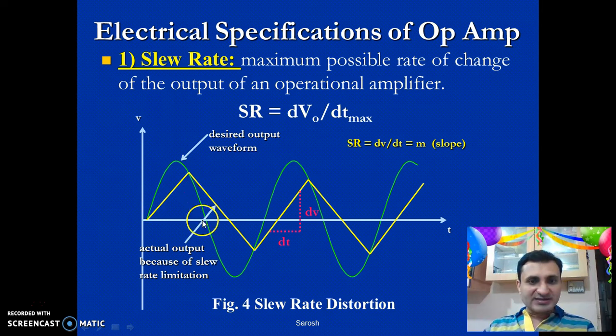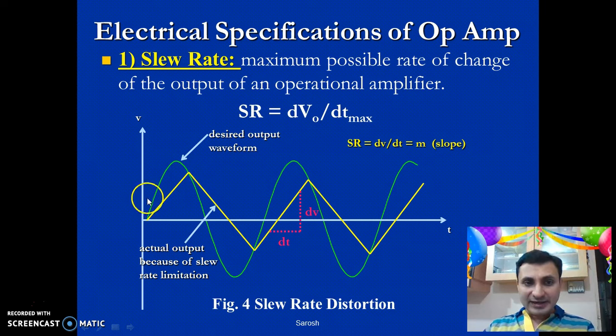If we plot a sine wave as a function of time, and find out the slew rate of it, taking the output from pin number 6 of an op-amp, we find that as the input frequency increases, the output is not following the input.